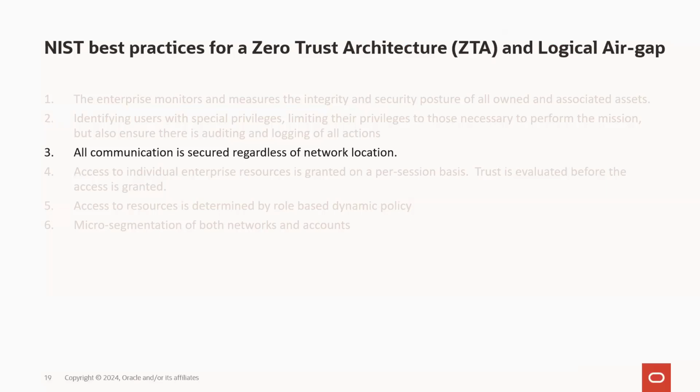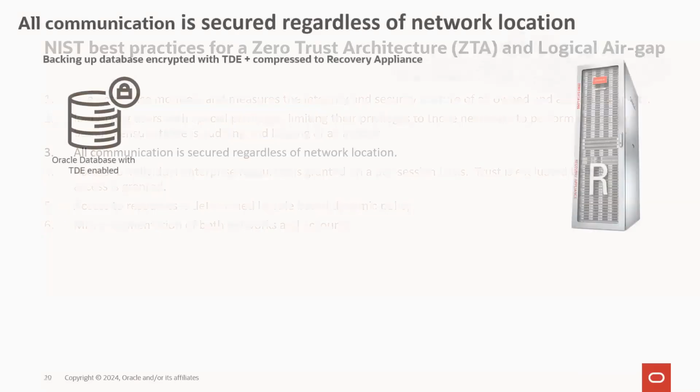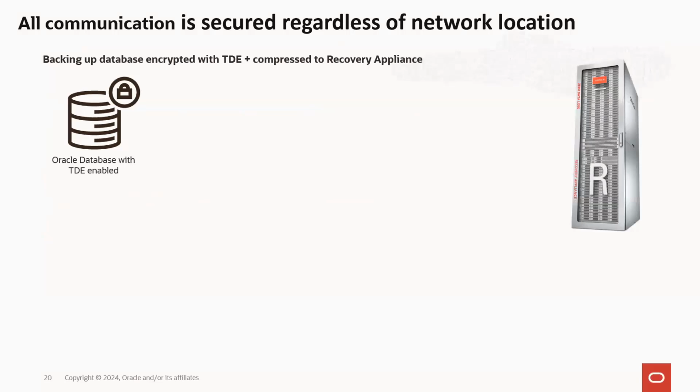So the next piece of it is secured communication. This is really where the ZDLRA excels, because we're talking about encryption and sending the data over the network and making sure that that's encrypted. It starts with TDE. The first recommendation for securing your database is to use TDE encryption.